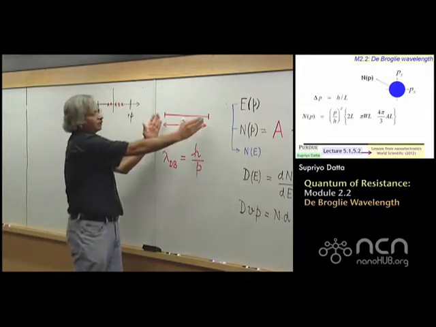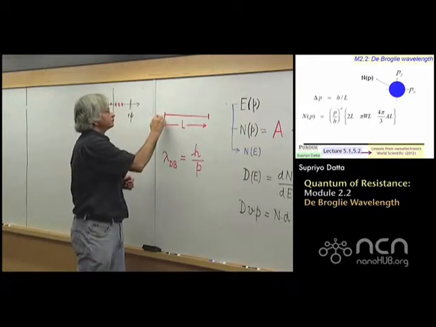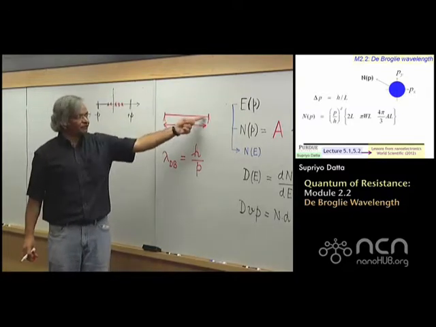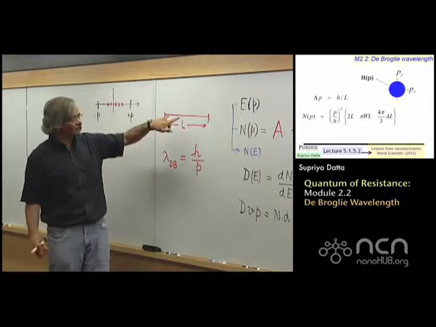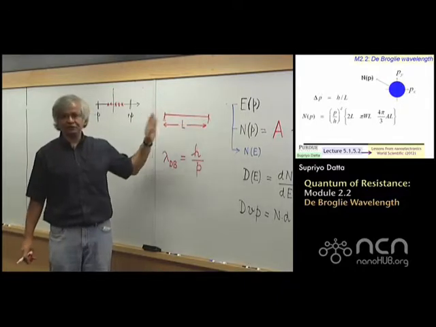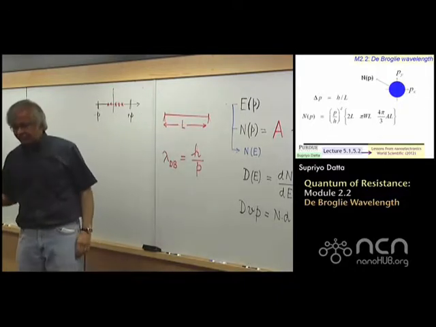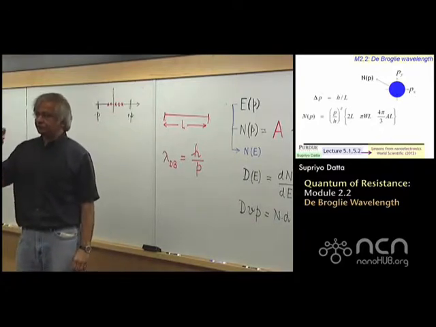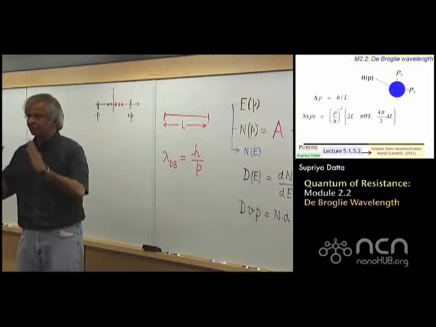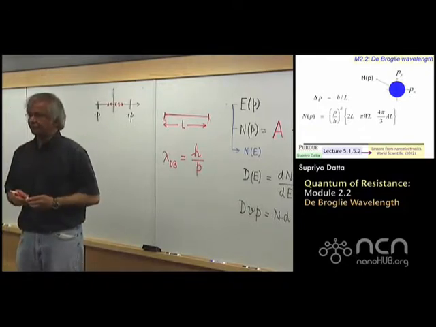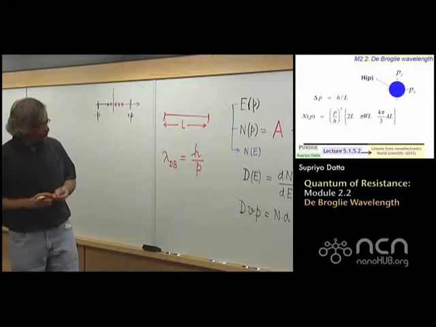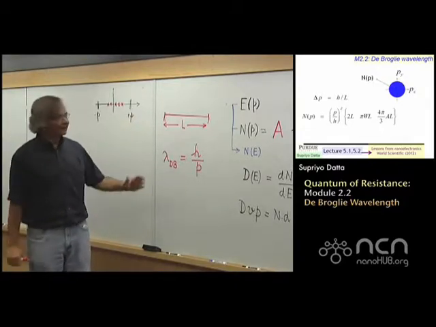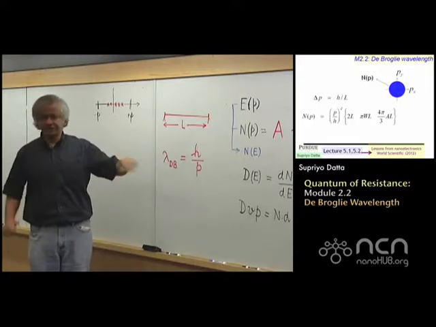But once you pin it down at the two ends, the acoustic wave must fit into that length, which means its wavelength must fit into this box. And that's what gives rise to specific values of wavelength, which translate into specific values of frequencies, which is why a guitar string has certain resonant frequencies. Of course, electron waves are totally different from acoustic waves, very different things physically, but the math is kind of similar.